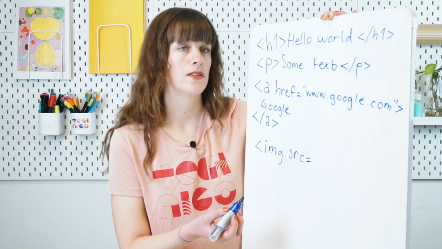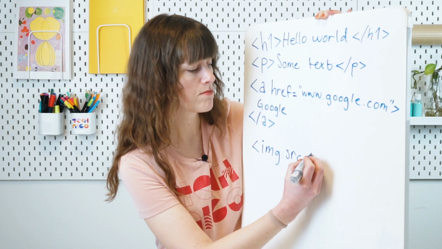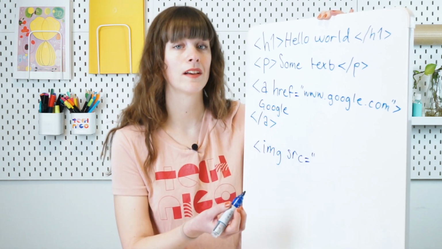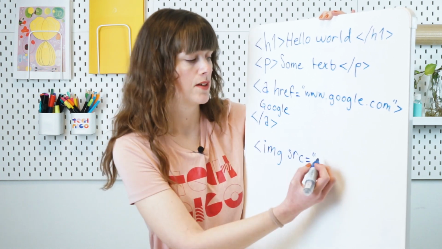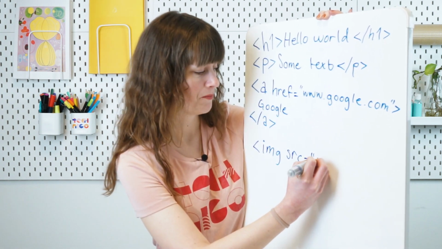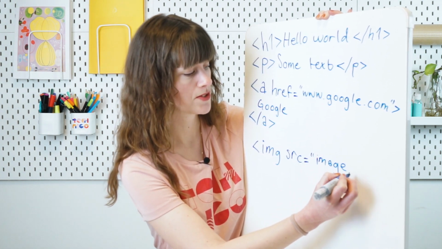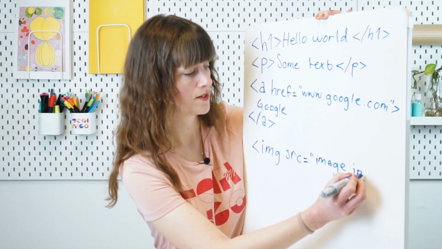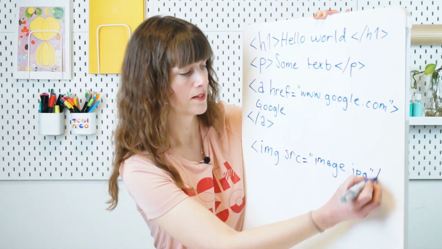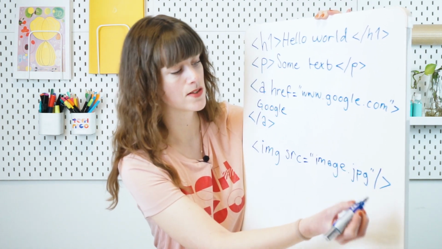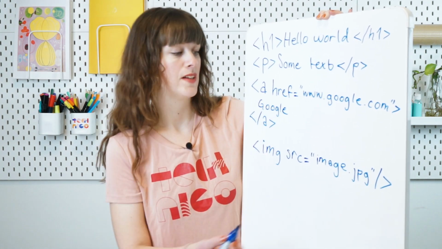And here I can write an image path to a file, so I can write a file name, or I can add a link, like a URL, to the image that I want to display. But I'm just gonna make up a file name for now. image.jpg. And then self-closing, so slash and the crocodile mouth. So this is a complete image tag.